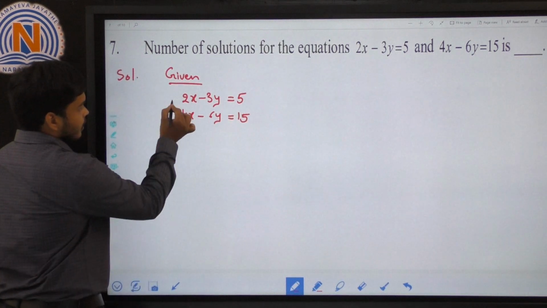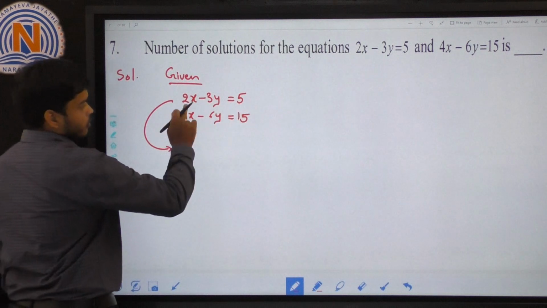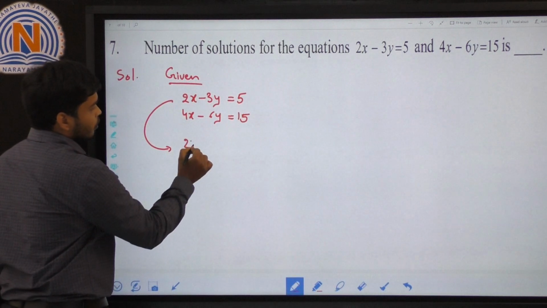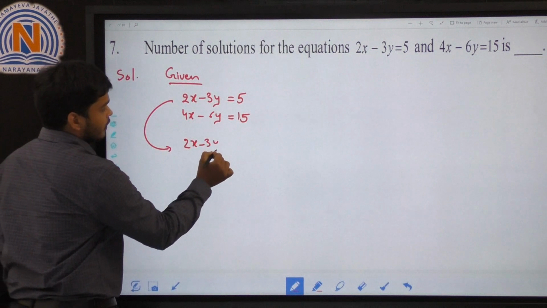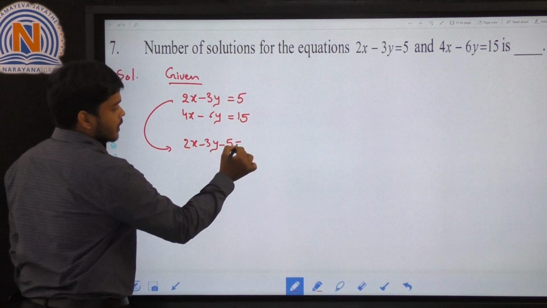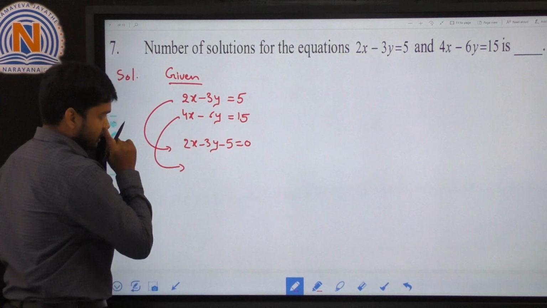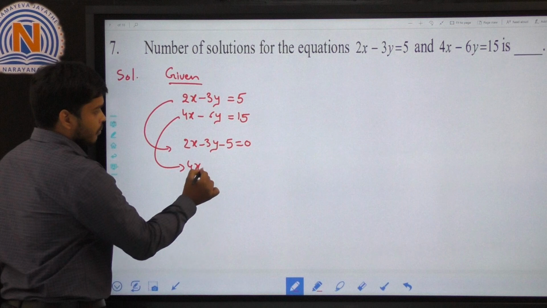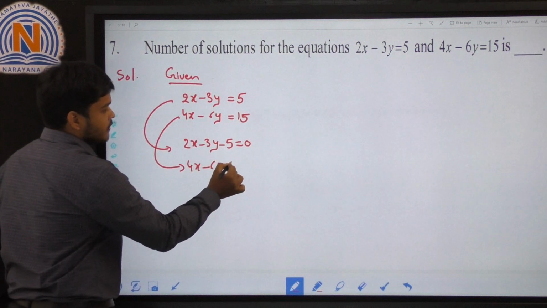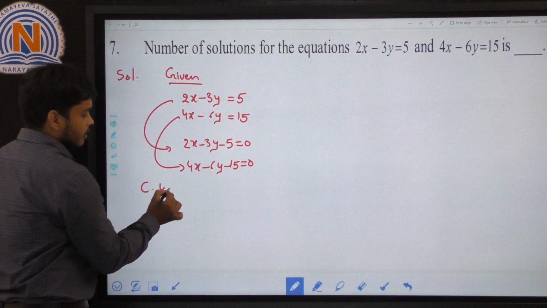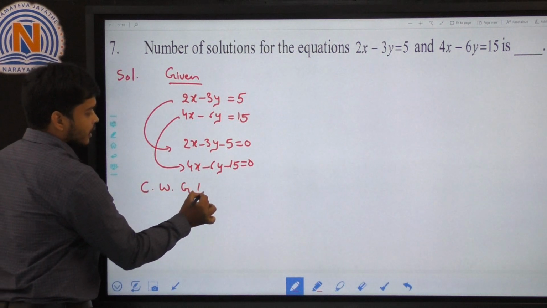See children, here send 5 to left hand side, then 2x minus 3y minus 5 is equals to 0, and send this 15 to left hand side. So 4x minus 6y minus 15 is equals to 0. Compare with general equations.